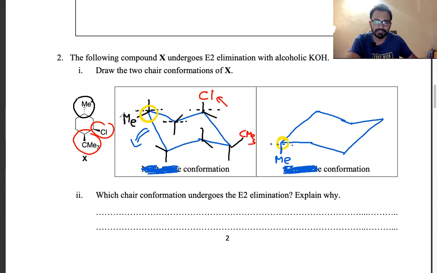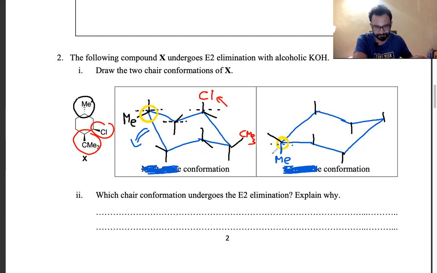See, this is below the plane. Both are below the plane. Then this axial one goes in this sort of way. So this is axial, then equatorial, axial, equatorial, axial, equatorial.